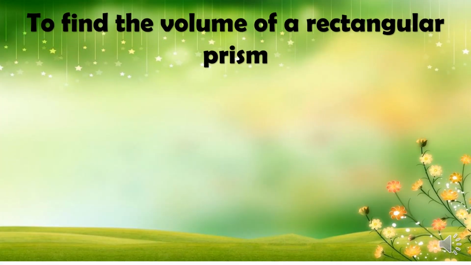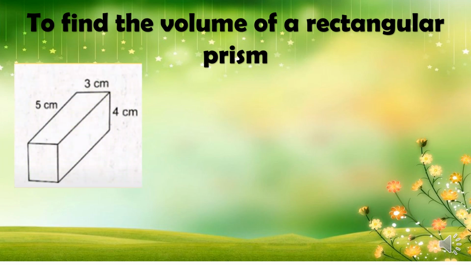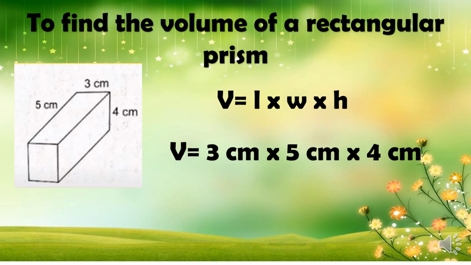And to find the volume of a rectangular prism, let us take this example. So we have the figure and we are going to use the formula V equals length times width times height. And we are going to substitute the length, which is 3 centimeters, the width, 5 centimeters, and the height, which is 4 centimeters.